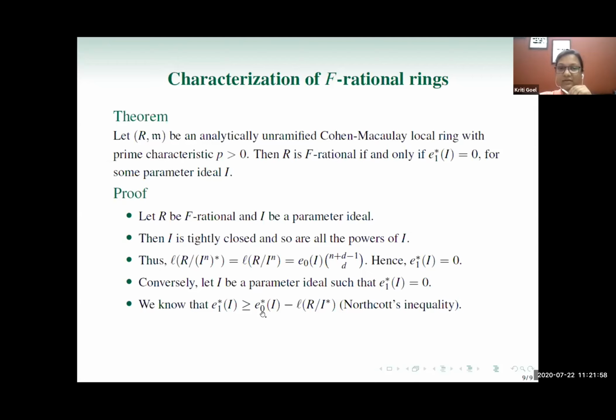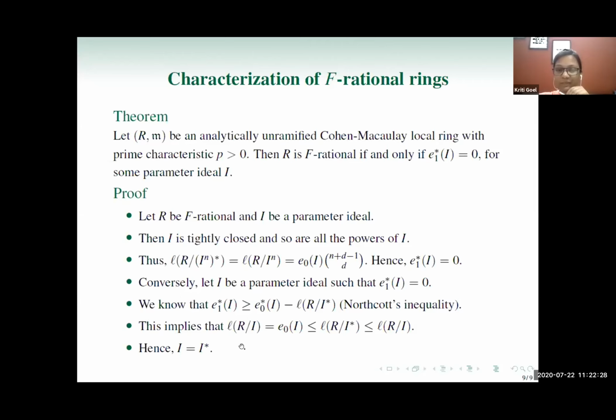Since the ring is Cohen-Macaulay and I is a parameter ideal, e0 star of I is precisely the length of R over I, which gives us the left side inequality. Since I is contained in I star, we have the right side inequality. These two combined say that the length of R over I is the same as the length of R over I star, and hence these two ideals are equal.